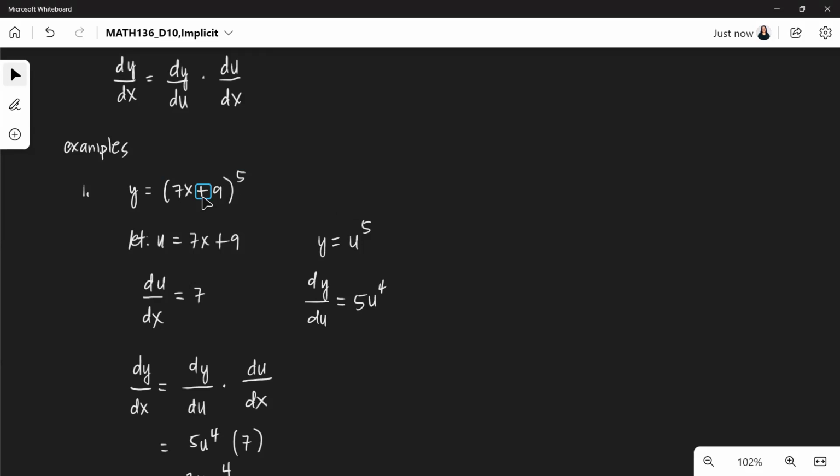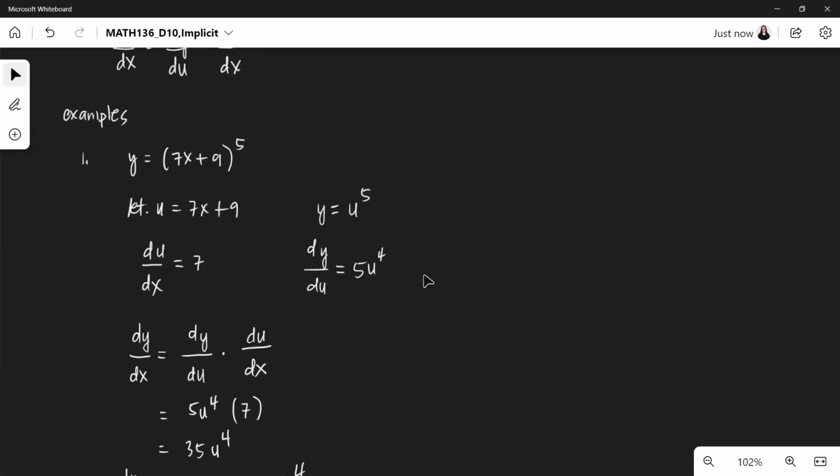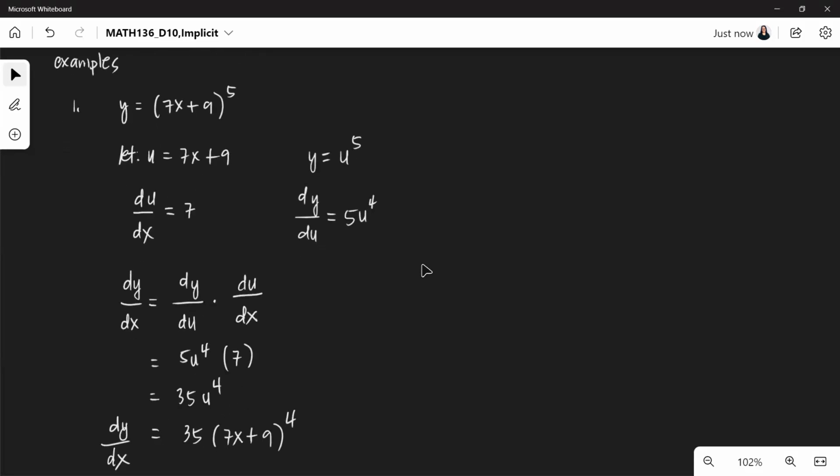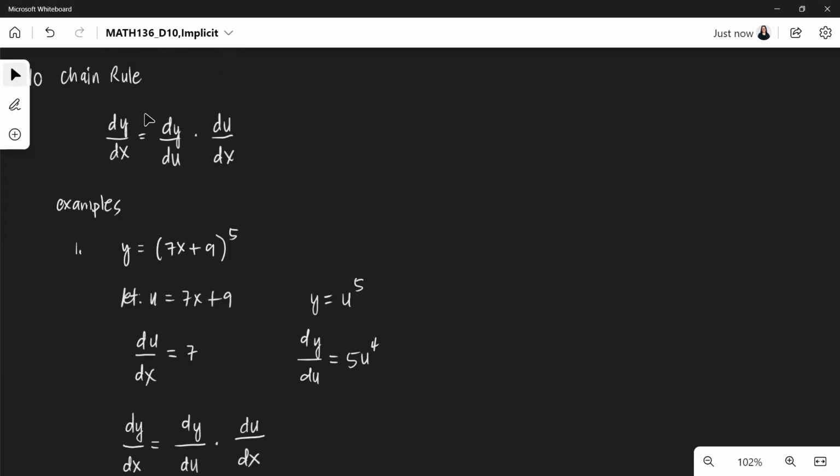So after reducing the power by 1, you multiply it with the derivative of whatever the base is. So it's actually the chain rule that was used in the previous examples. But it can be expressed as the product of the two derivatives.